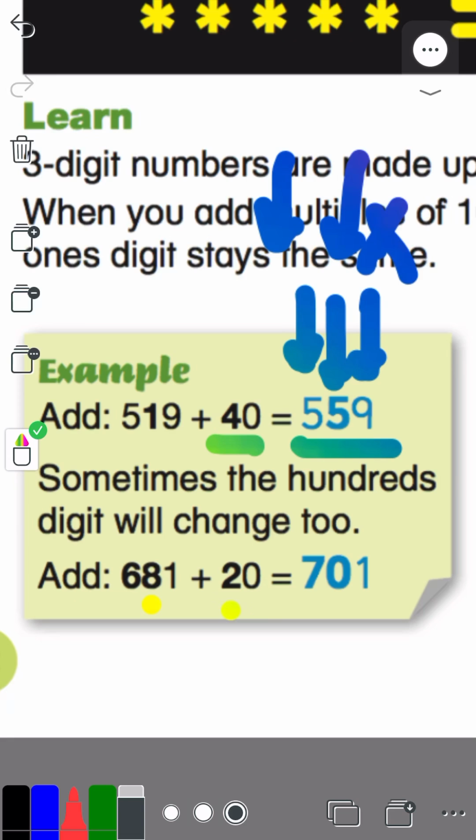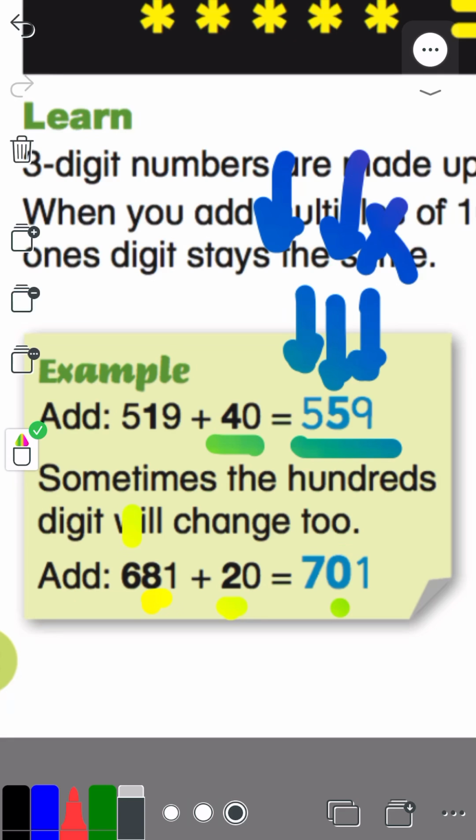So 681 here plus 20, we have 1 plus 0 equals 1, 8 plus 2 equals 10. You put 0 here, and look, 0 here, and 1 above the 100.